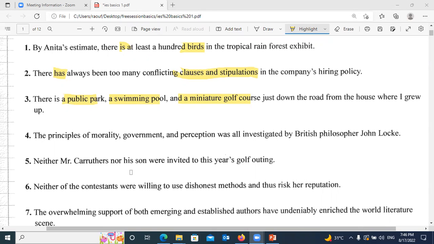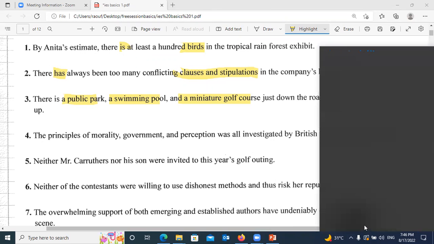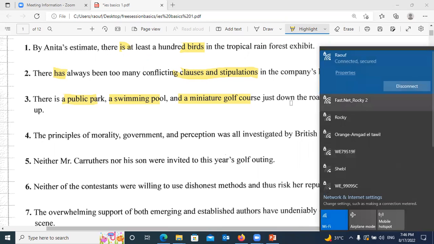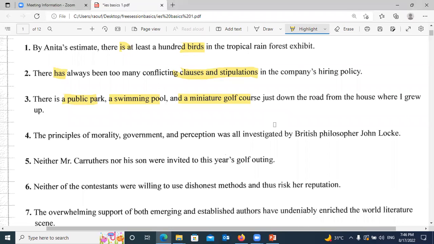Omar, I think you had a question concerning number 3, right? What's your question for number 3? I thought number 3 was going to have the same rule, similar to the same thing we said with each and every. I thought they were individual things. No, it doesn't have any word like every or each. It has 3 words working as a subject.